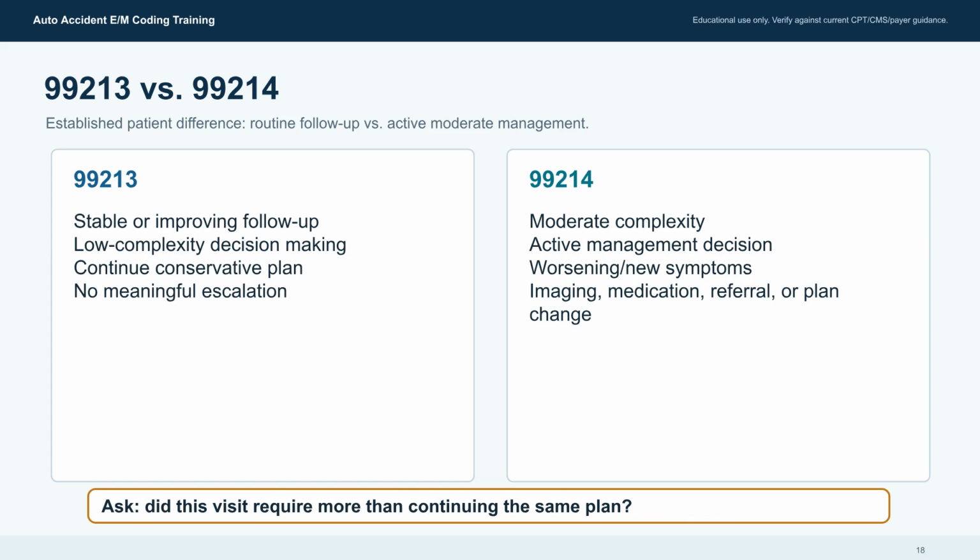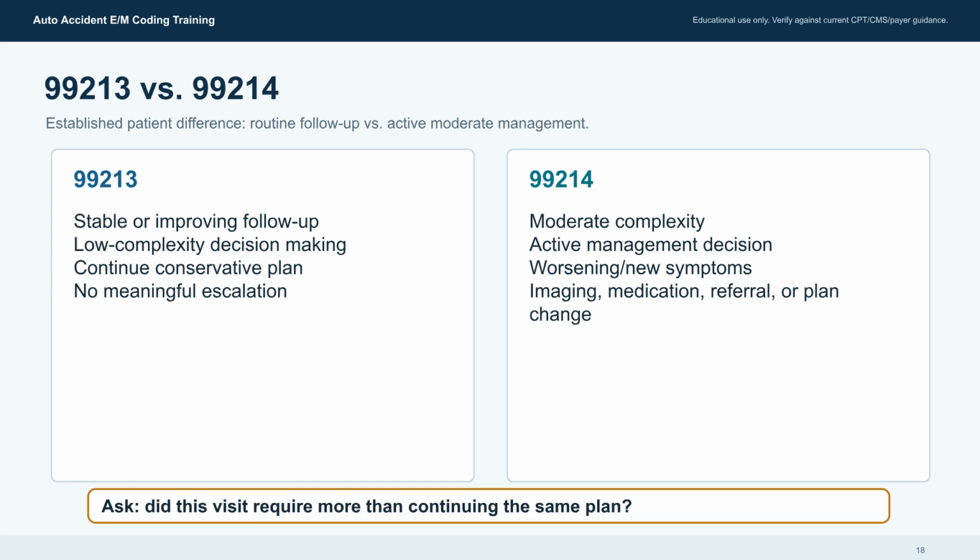The difference between 99213 and 99214 is especially important. A 99213 is typically a stable or improving follow-up visit with low complexity decision-making. A 99214 requires moderate complexity.